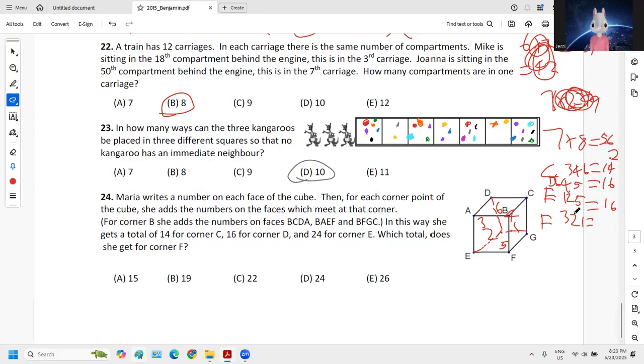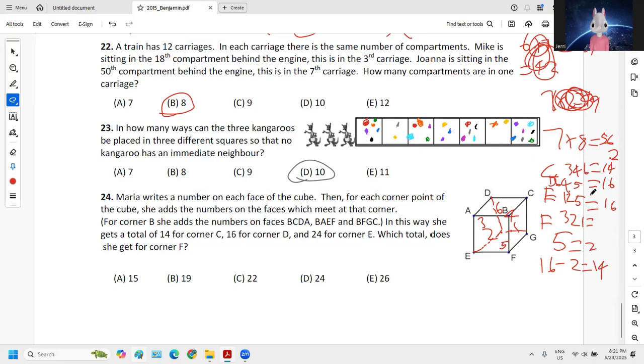And now right here, 16 equals 1 plus 2 equals 16 minus 5, and 5 equals 2. So 16 minus 2 equals 14.